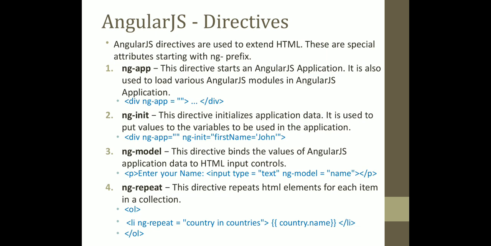After that we have written, in double curly braces, country.name, and close the double curly braces and the li tag as well, and the ol tag as well. So what ng-repeat will do is repeat the HTML element provided for each item in the collection.